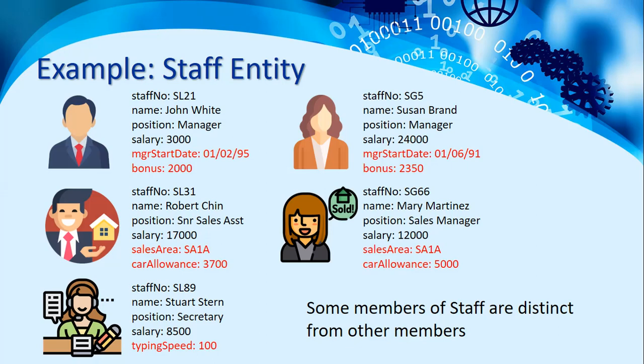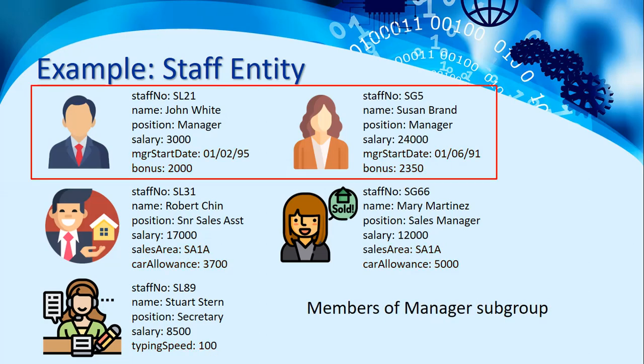If we analyze even deeper, take this first row. Both of these two members of staff have the same attributes: aside from the common attributes, the staff number, name, position, and salary, both of them also have the manager start date and bonus attributes. Why is that? It's because they are members of a manager subgroup.